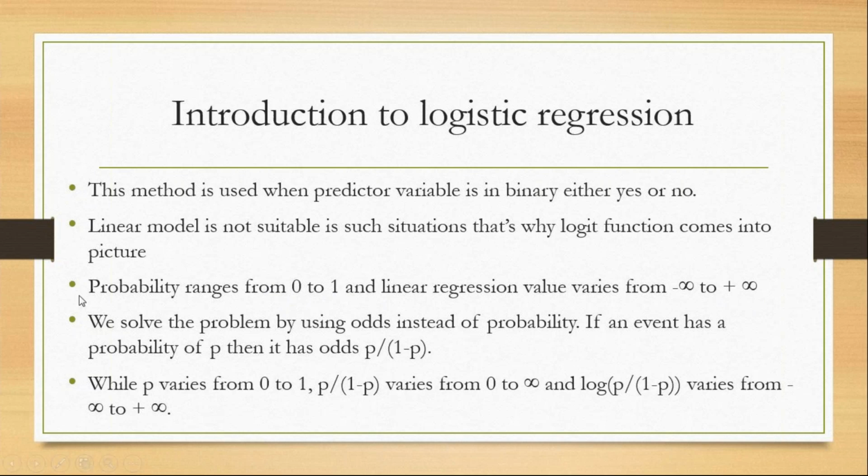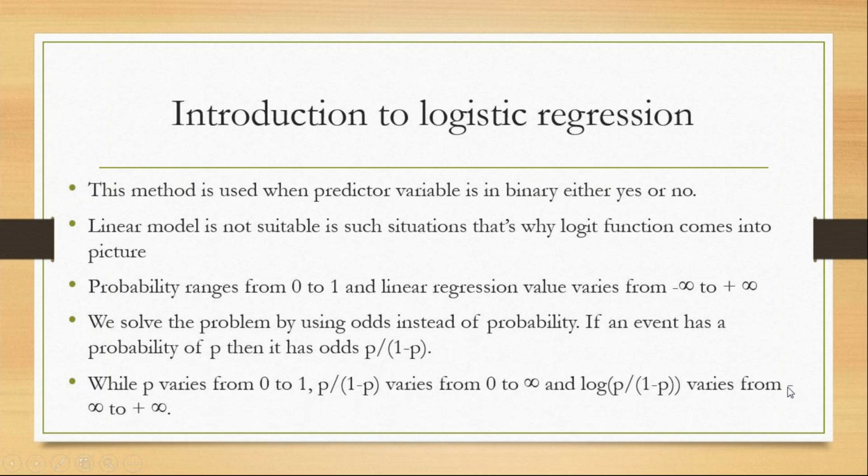My p value, the probability value, will be from 0 to 1, and the odds will be from 0 to infinity. And if I put a log on this, then it will vary from minus infinity to plus infinity.